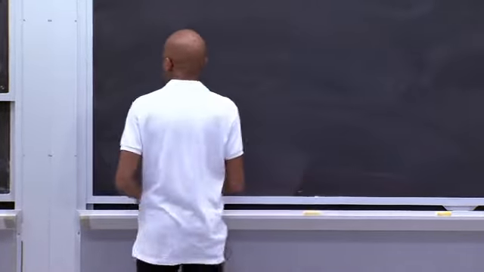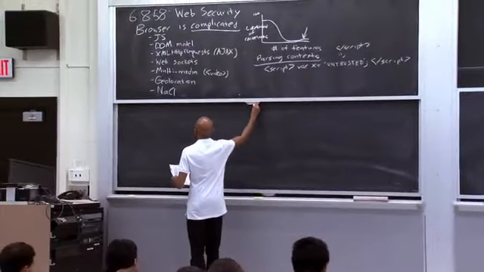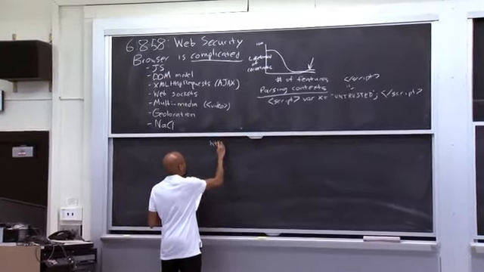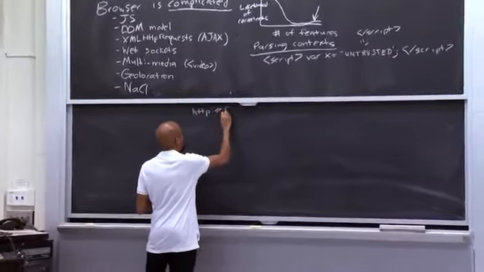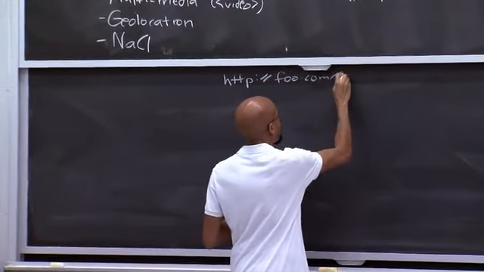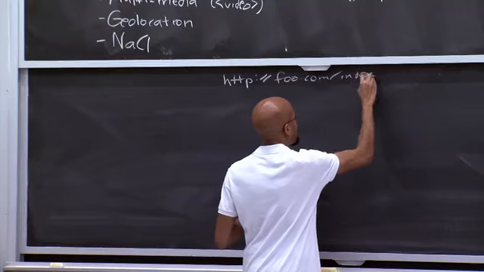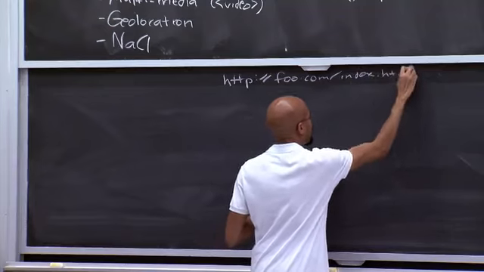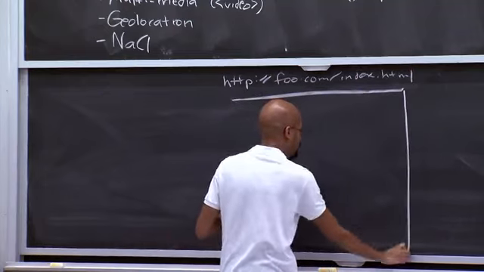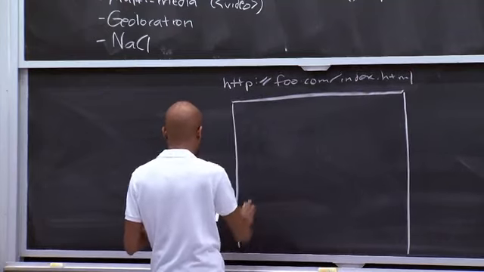So let's just look at a very simple example here. Let's say that we were looking at the following site. So http://foo.com, and we're just looking at index.html. So, you look at your browser tab, what might you see?